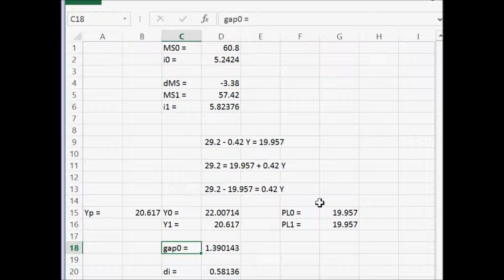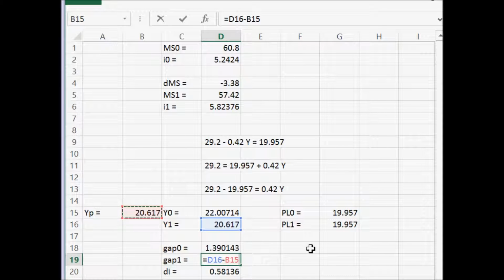So the initial gap was $1.39 trillion. The final gap is 0, which agrees with the graph. The economic growth rate is equal to what GDP is minus what it was, divided by what it was, times 100.